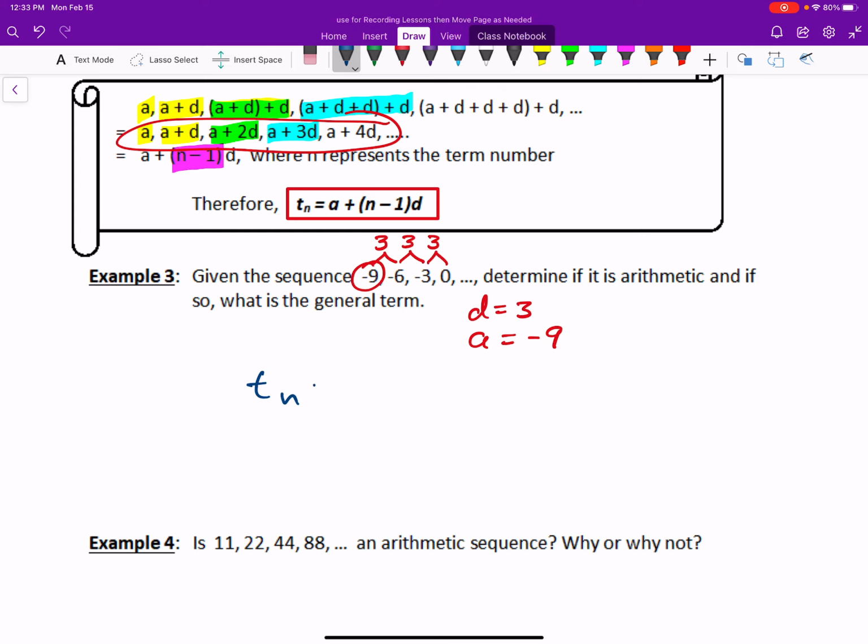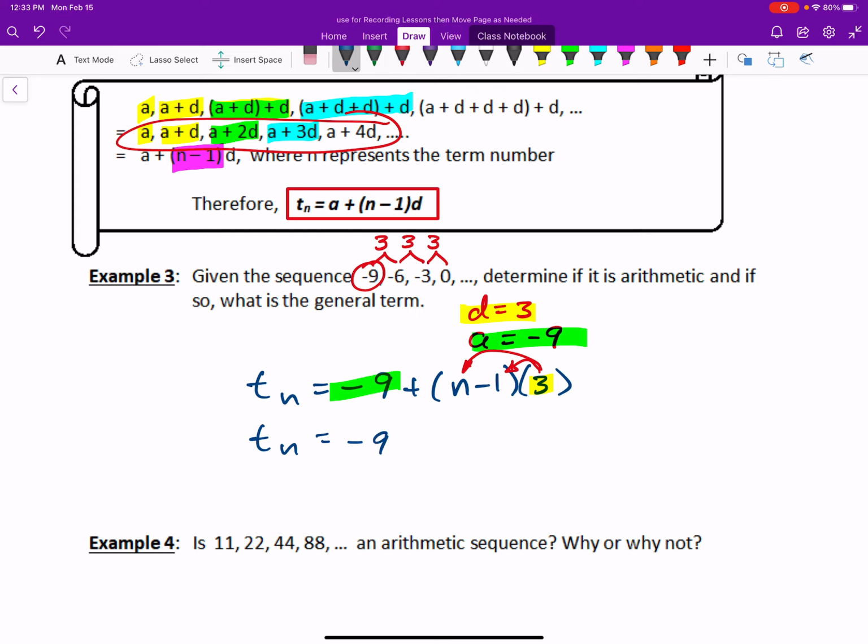T sub n equals -9 plus n minus 1 times 3, using these different values that I just identified, right? And usually we'll simplify this, though. So I could expand it out and collect like terms. I could multiply n minus 1 by 3. So let's go back to blue here.